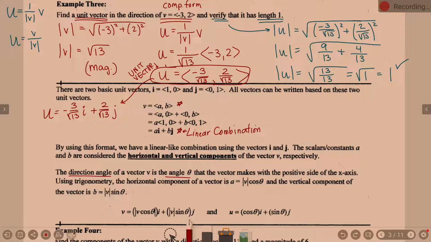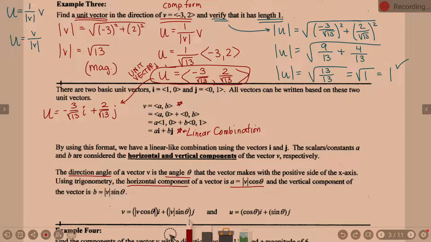The horizontal component of a vector, in order to find a, is the absolute value of v times cosine theta. Remember, the absolute value of v is the magnitude, times cosine of the direction angle.